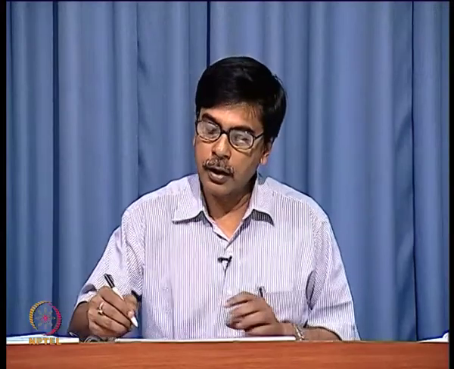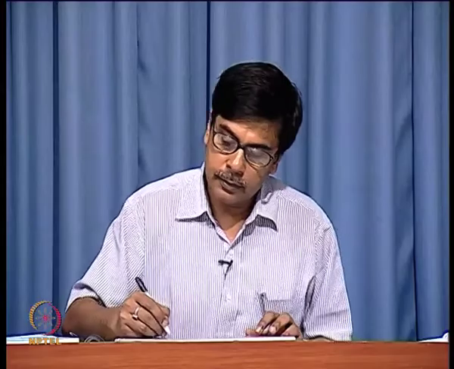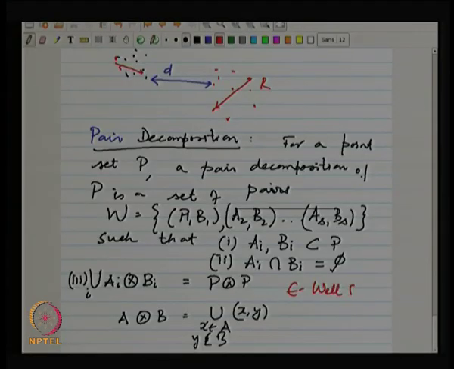And in addition, if I can guarantee that AiBi are 1 by epsilon separated, then this decomposition is called the epsilon well separated pair decomposition, or epsilon WSPD.